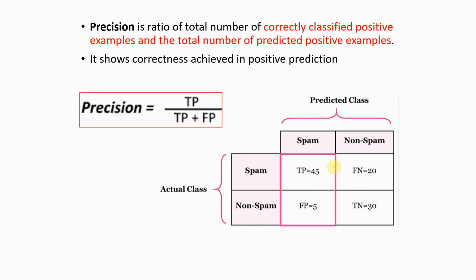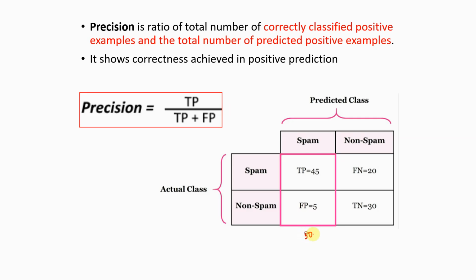And the next one is called precision. The precision represents how many of the predicted positives are correct. That is, how many are predicted by your machine learning model as positive, and out of that, how many are correct.